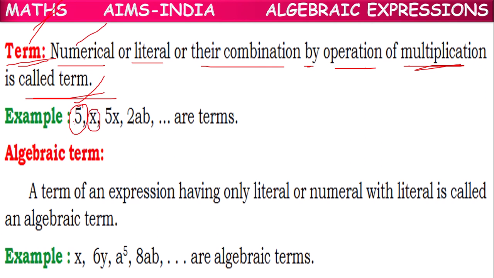Or x is there, it is only a literal, it is also a term. Here 5x is there, it's a product of numerical and literal, 5 into x. They are combined with multiplication operator. So this 5x will be considered as a term.